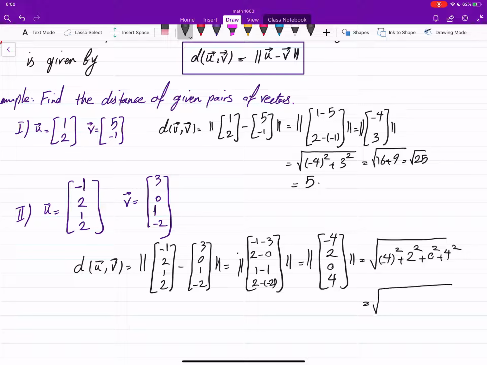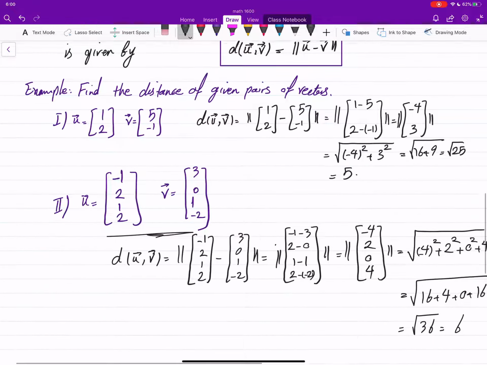That gives us 16 plus 4 plus 0 plus another 16. 16 plus 16 is 32, plus 4 is 36. Root 36 is just 6. So we found the distance of these two vectors, which is equal to 6. So that was the second thing for this video.